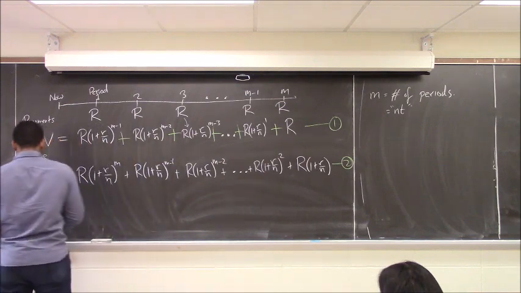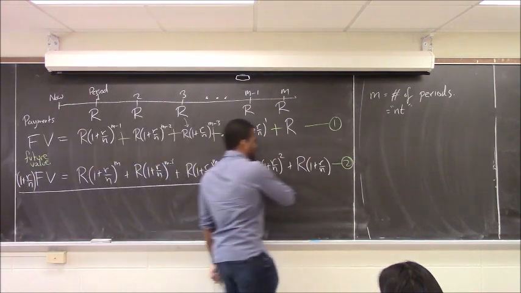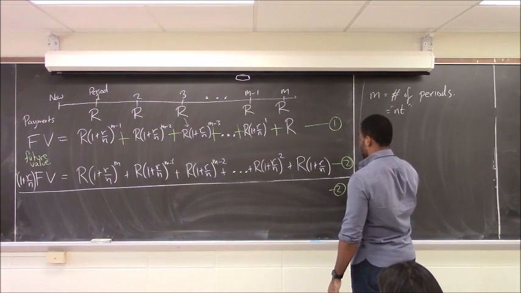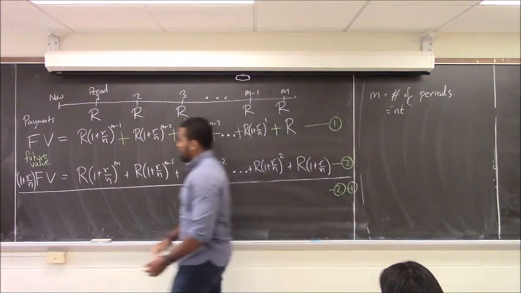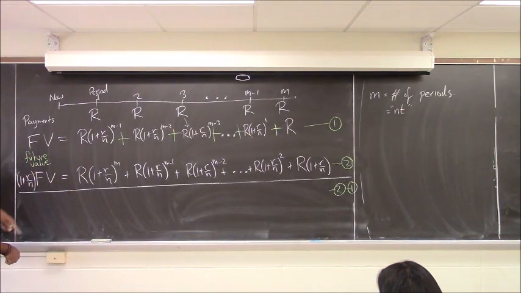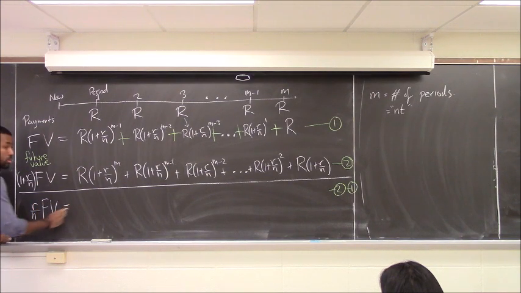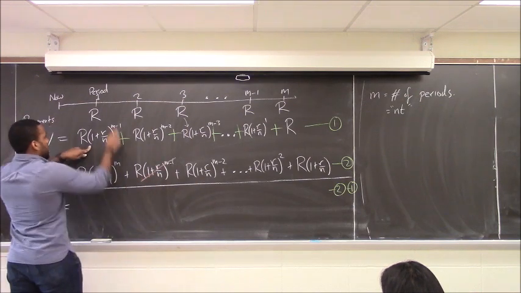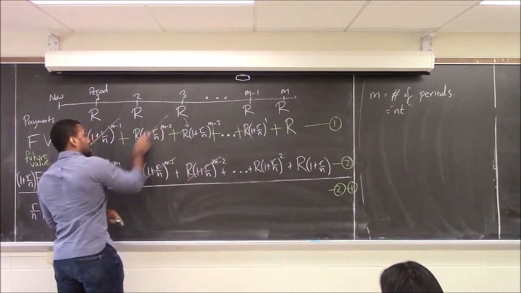And now what I'm going to do is a subtraction. I'm going to take equation 2 and subtract equation 1. Now when I do that, on this side it's 1 plus r over n times FV, minus FV, so I'm just going to be left with r over n times FV, right? And then I'm taking this line, subtracting that line. So this minus that, this minus that.